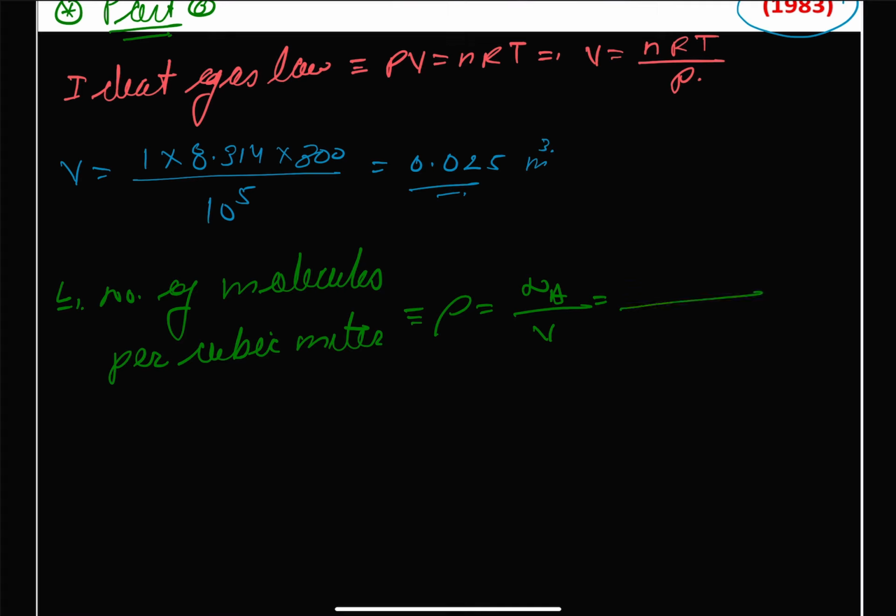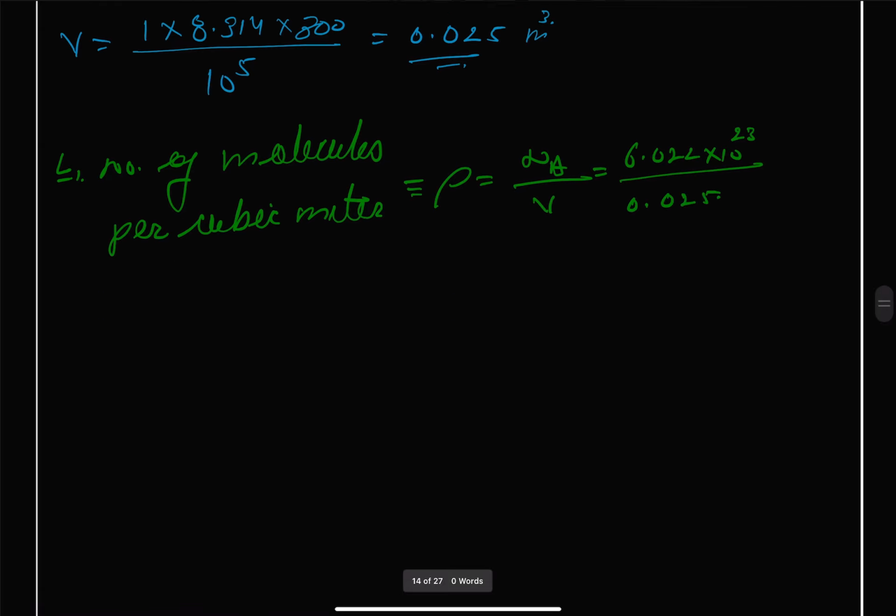Avogadro's number is 6.022 into 10 to the power 23, and volume we found out is 0.025, and this gives us that density, the number of molecules per cubic meter, will be equal to 2.414 into 10 to the power 25 meter cube inverse.